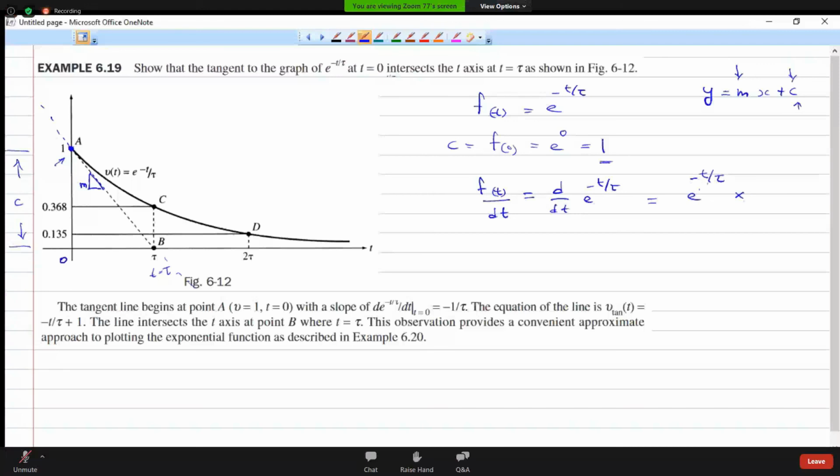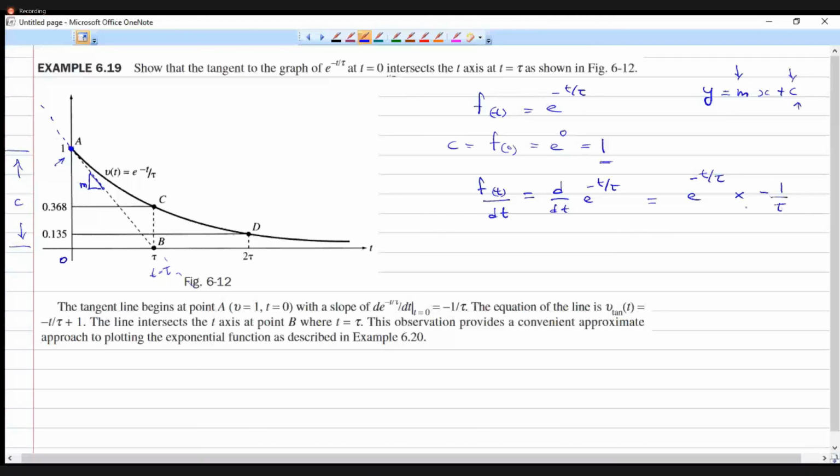And differentiate the exponent also, so that will be minus 1 by 2. Remember, how can I differentiate e power minus t by 2? First differentiate e power minus t by 2, which is e power minus t by 2. Then differentiate minus t by 2, which is minus 1 by 2, because we are differentiating with respect to time.